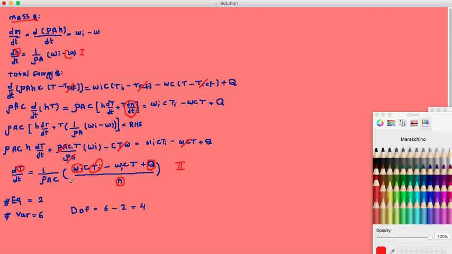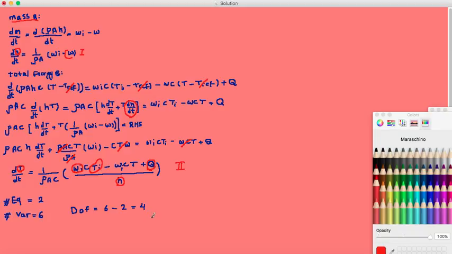The other two variables, so we already defined 2 of these 4 degrees of freedom, the other 2 can be input variables, manipulated variables. So if I select Q, it helps us to control T, and also if I select omega I, it helps us to control H. So I will select omega I and Q as the other 2 variables that I can decide to select.